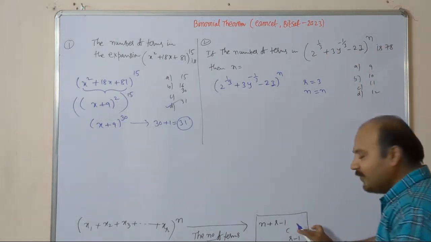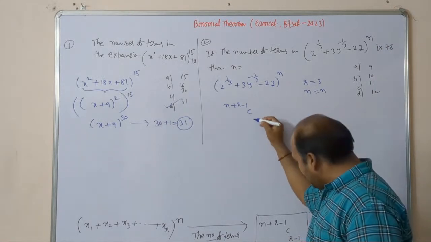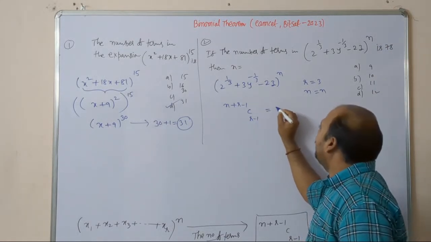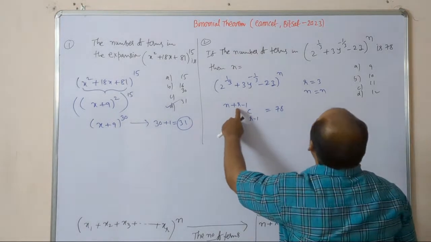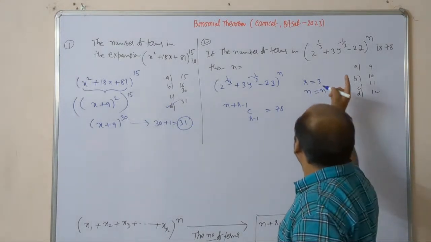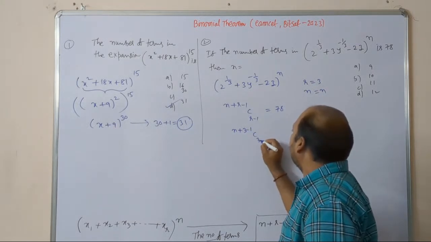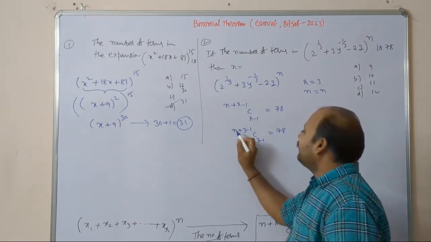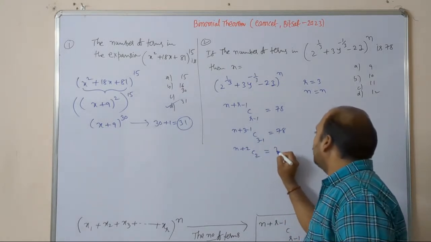So we have this formula, n plus r minus 1 C r minus 1 is equal to 78. So in place of r, substitute 3. So n plus 3 minus 1 C, 3 minus 1 equal to 78. 3 minus 1 is 2. So n plus 2 C2 equal to 78.